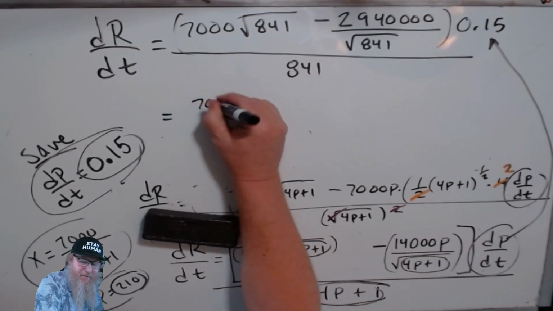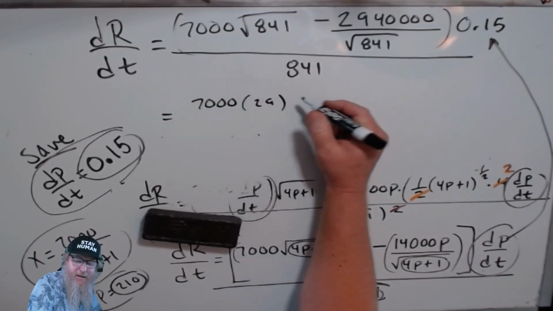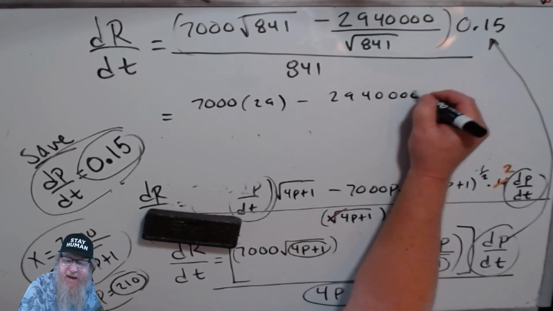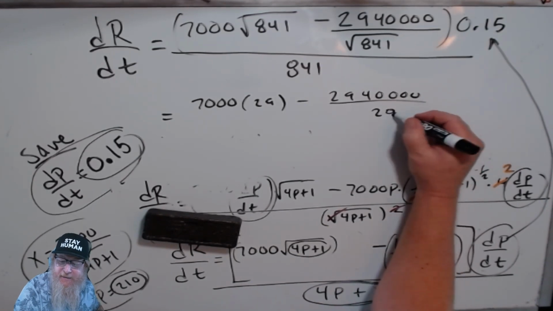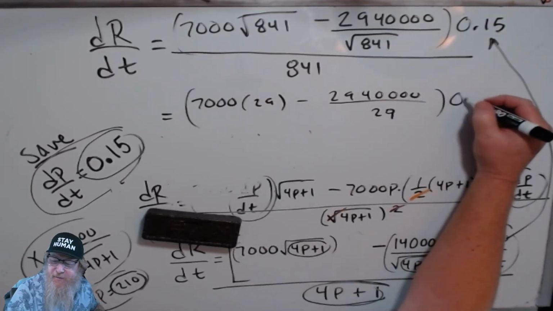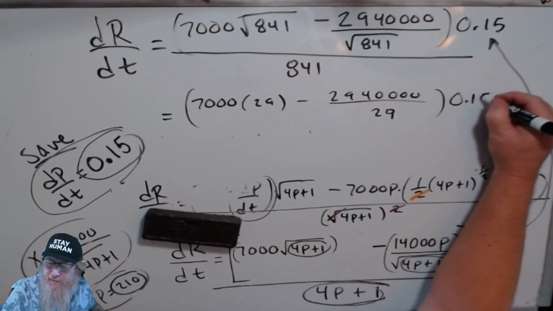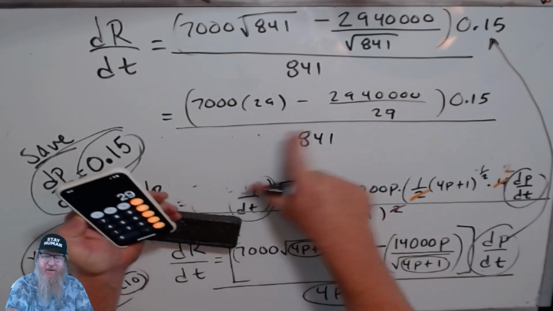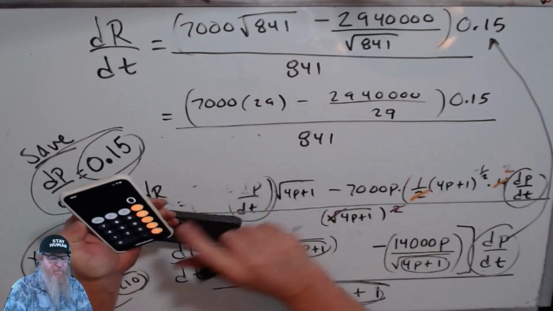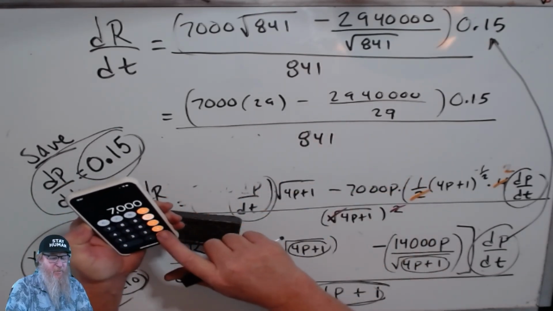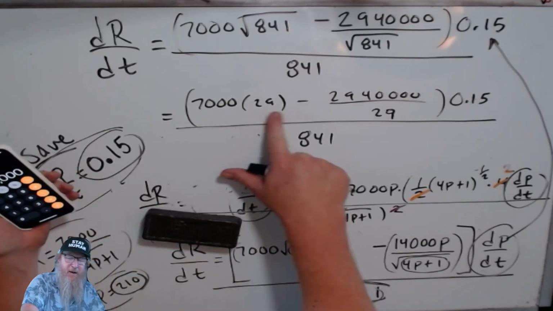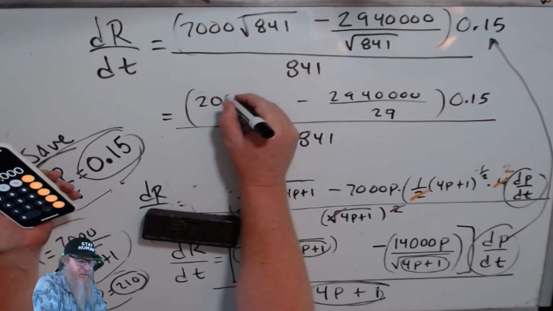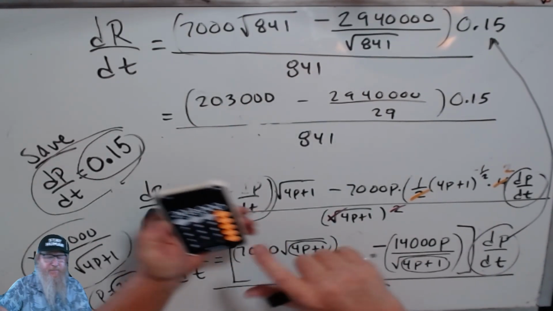So I've got 7,000 times 29 minus 2,940,000 over 29 times 15 cents, all divided by 841. All right, I guess I'm going to work 7,000 times 29. And if you don't mind, I'm just going to do that now. 7,000 times 29 is 203,000.